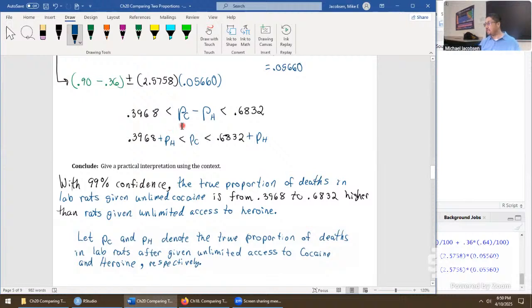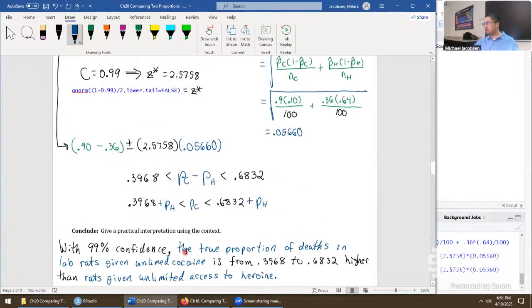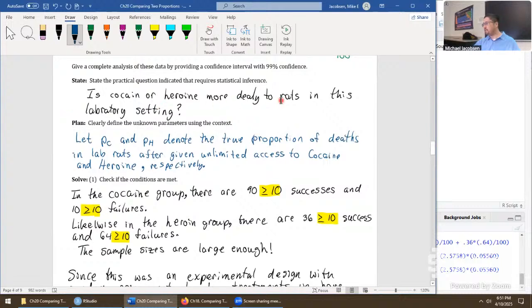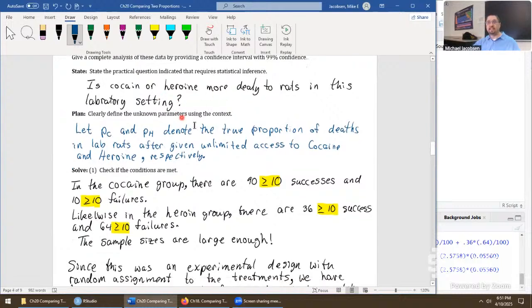Finally getting to that last step. Okay, we have to ask ourselves now, because this was a complete analysis, did we answer the question in the statement phase? The statement for our practical question was, is cocaine or heroin more deadly to rats in this laboratory setting?